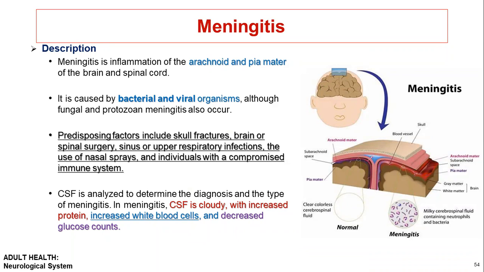How can we prevent it? Immunization helps to prevent bacterial meningitis. The NCLEX board usually asks a question about when students go to the dormitory and a vaccine is given to students living in dorms.